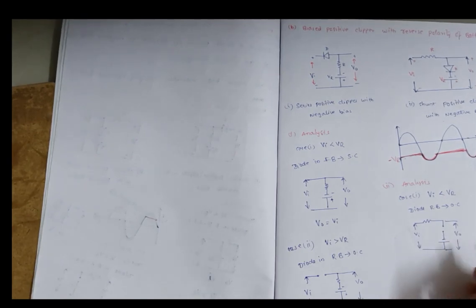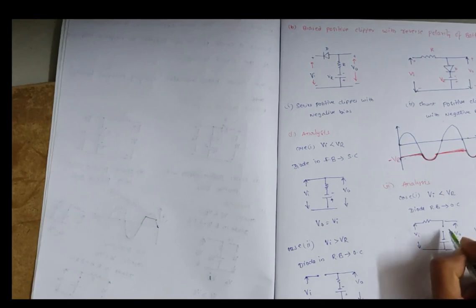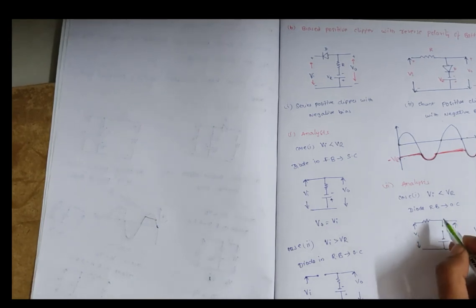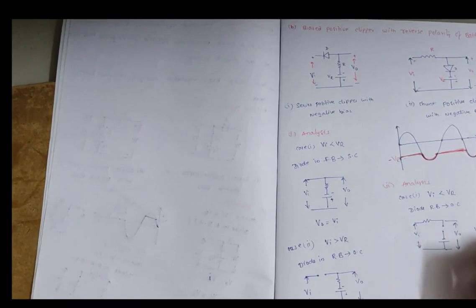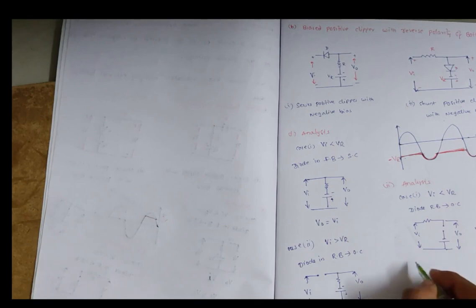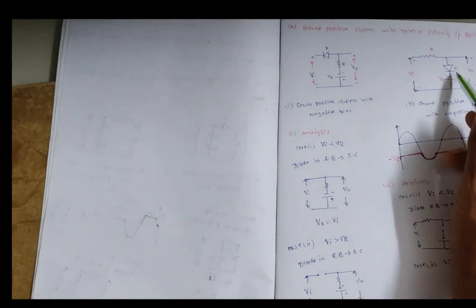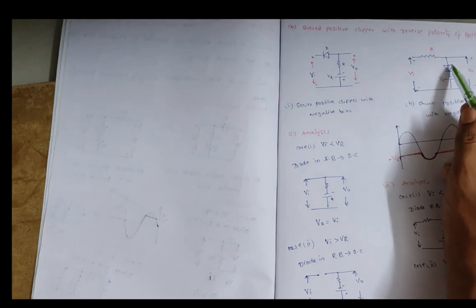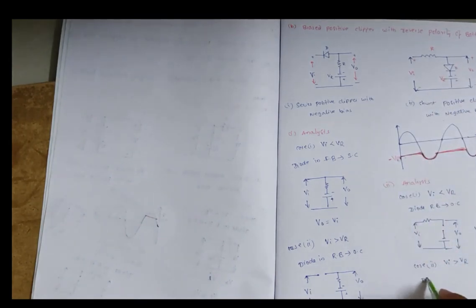From this, the output voltage V naught: there is no current flowing in this circuit, so there is no voltage drop across this resistor. So V naught equals Vi. Coming to case 2, Vi is greater than VR. Then the diode is in forward bias and acting as short circuited.